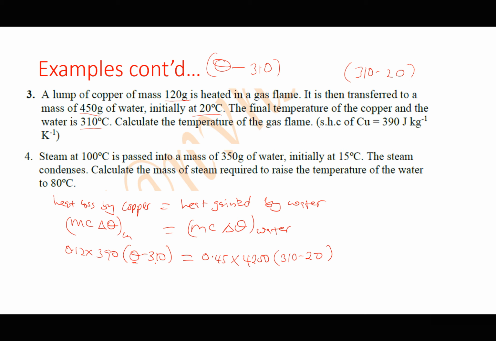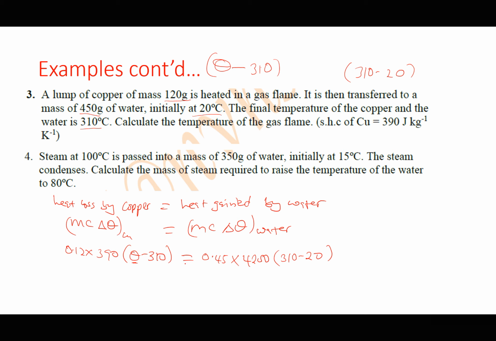0.45 times 4,200, then times 290, then divide by 0.12 times 390. Okay, I'm getting 11,000.